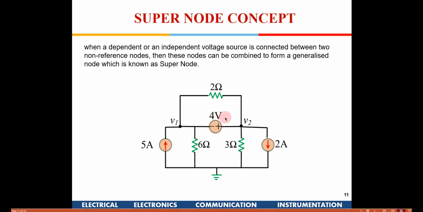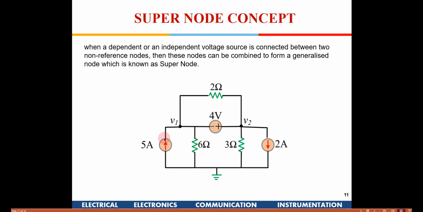Similarly, when we are writing a node equation at V2, this 4 volt which is connecting V1 and V2 is going to create a problem. So we are going to remove that. Now it's a very simple concept. If you see the current at V1, that is the sum of the 5 amps coming in plus the current going into the 6 ohm plus these two currents.